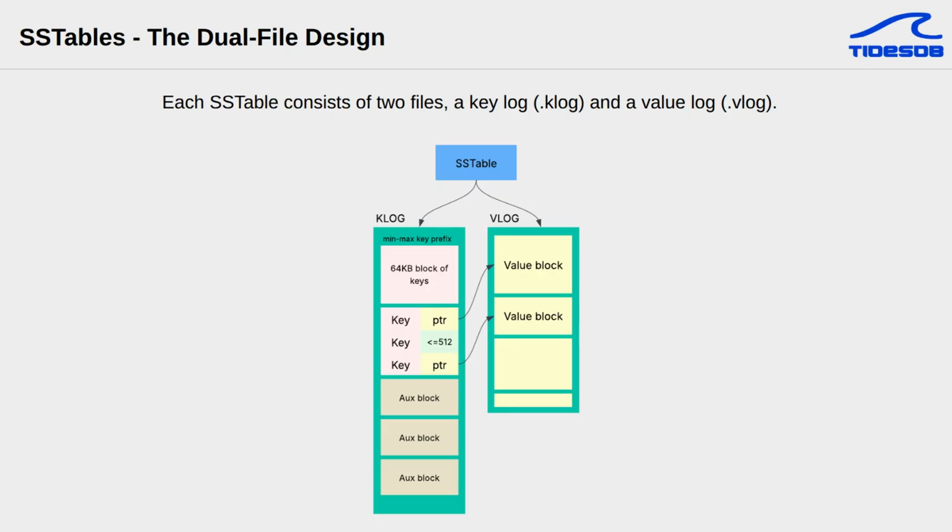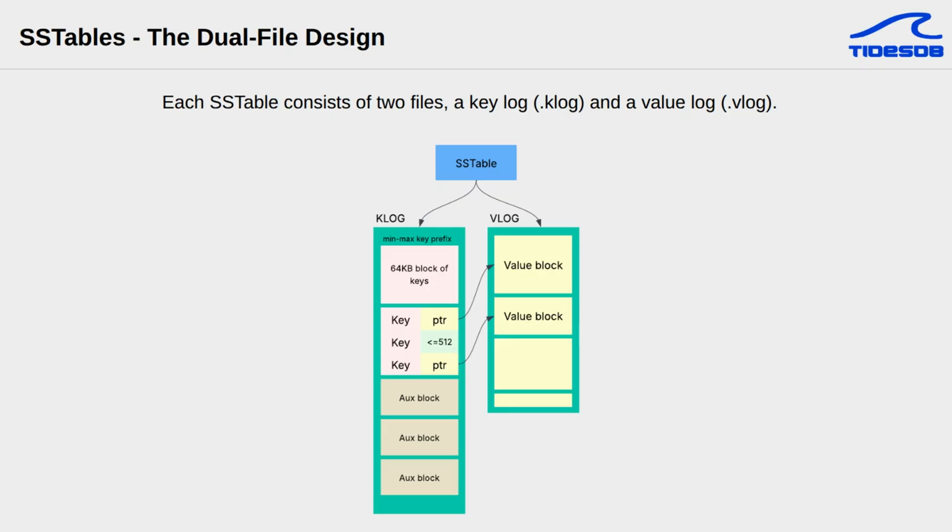The key log also has 3 auxiliary blocks at the end, which are the block indexes if enabled, the serialized Bloom filter, serialized block indexes, and serialized SS table meta details.